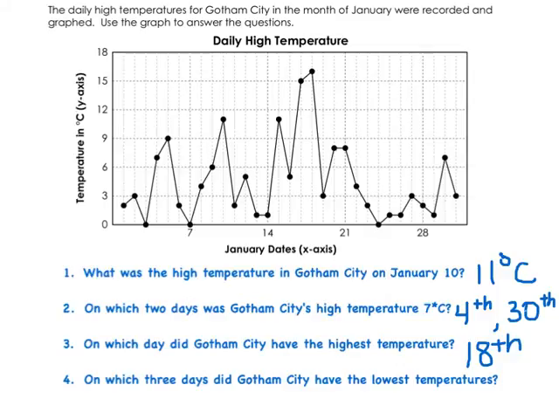So the first day was on the 3rd. And then the next one was on the 7th. And that last one, here's 21, 22, 23, 24th. And those were my 3 days.